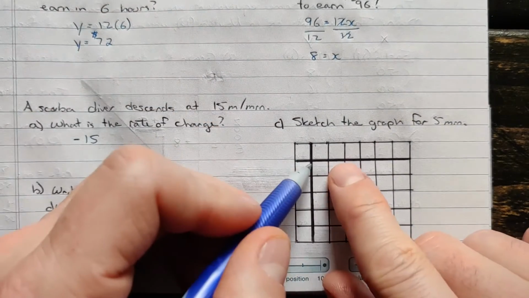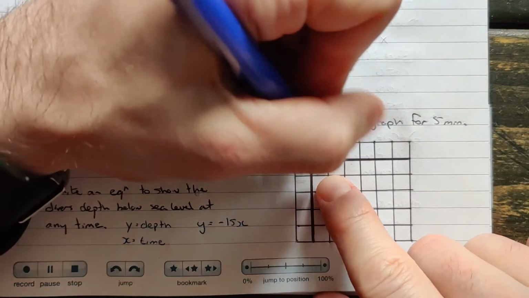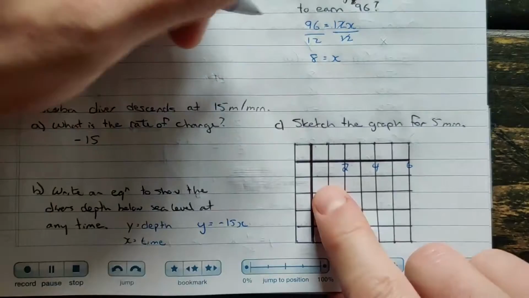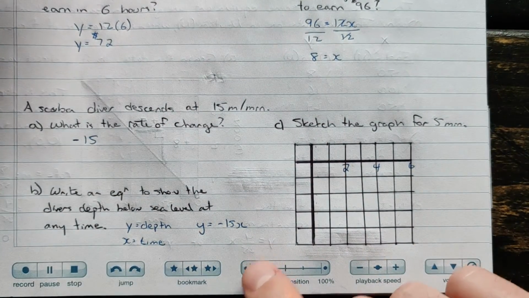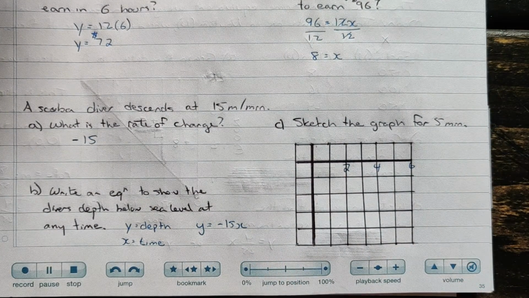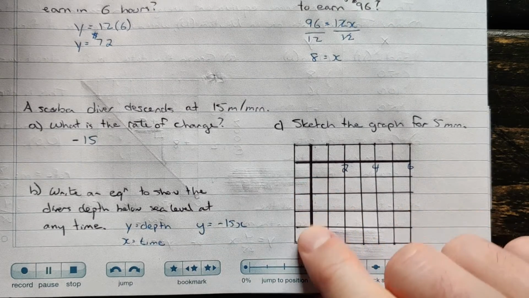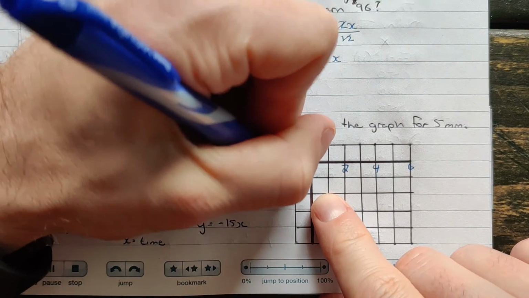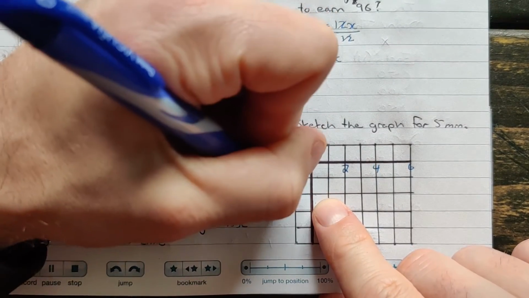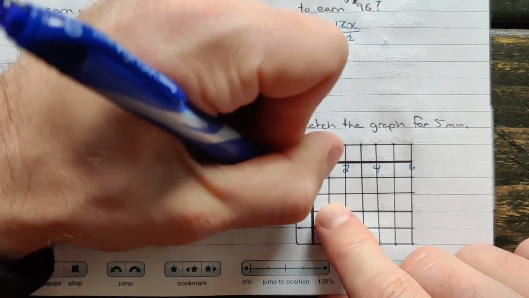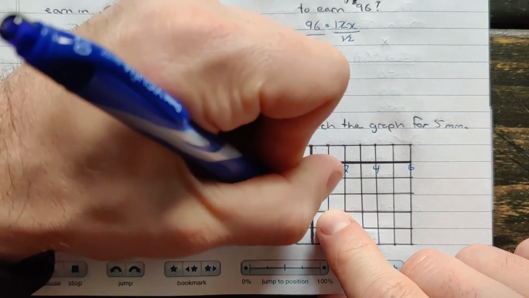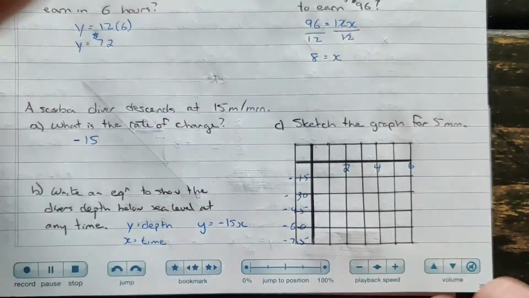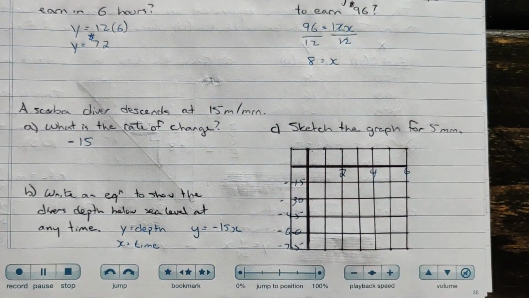I'm starting with the axes, so I'm on the positive times: 0, 2, 4, 6 minutes. And then we're going down by 15 meters per minute, so let's count by 15s here. Negative 15 meters down, negative 30 meters down, negative 45 meters down, negative 60 meters down, negative 75 meters down. So that scale I think would work.